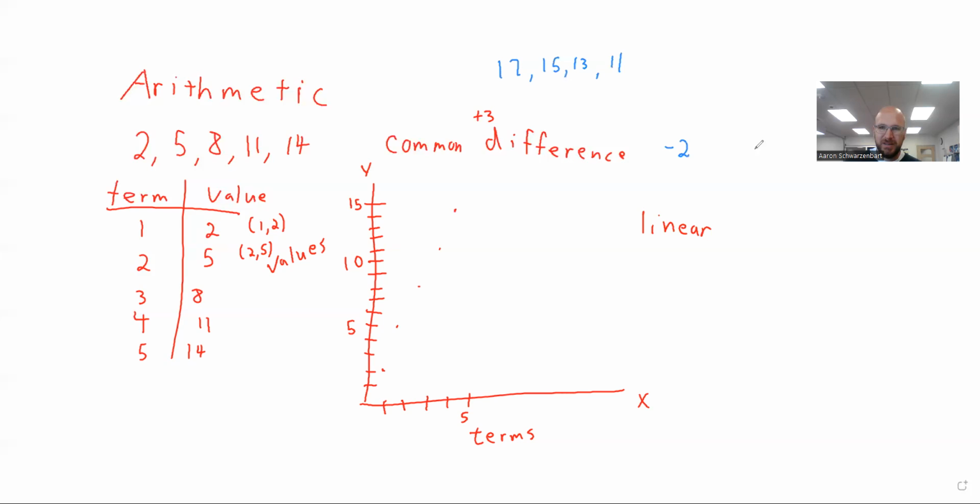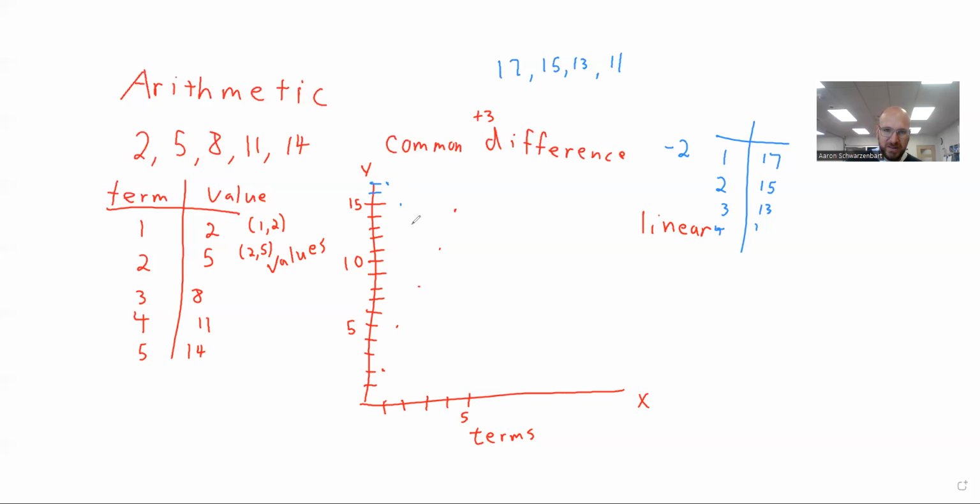Okay. I can make a term versus value chart. 1 goes with 17. 2 goes with 15. 3 goes with 13, 4, 11. I'm going to plot these points. 1, 17 starts up here.